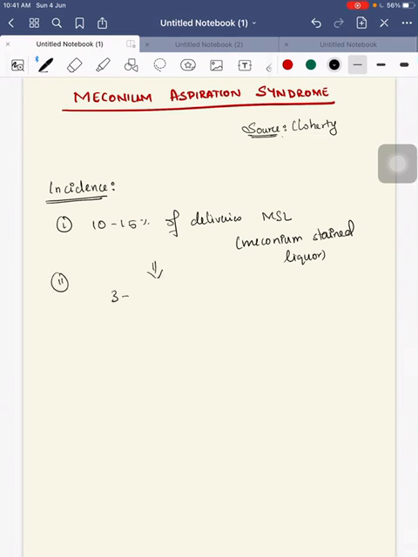Among these, 3 to 12% of the neonates born through meconium stained liquor or meconium stained amniotic fluid develop meconium aspiration syndrome.